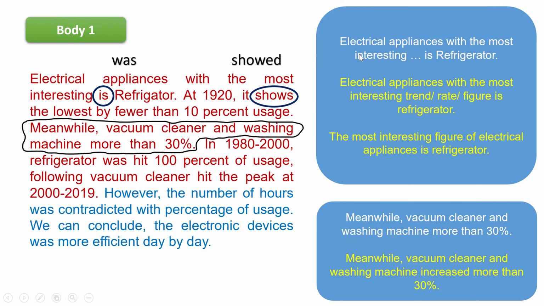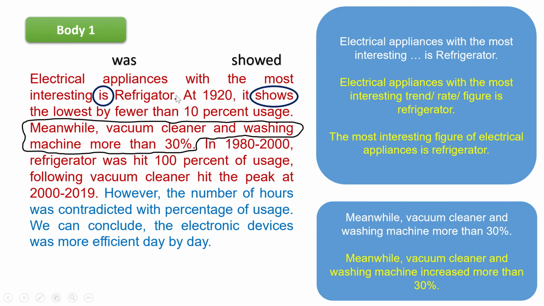Di sini diperjelas karena interesting adalah kata sifat dan dia membutuhkan noun. Menarik apa? Okay. Or you can also use this: the most interesting figure of electrical appliances is refrigerator. Maybe you want to say the most interesting changes of electrical appliances is refrigerator.